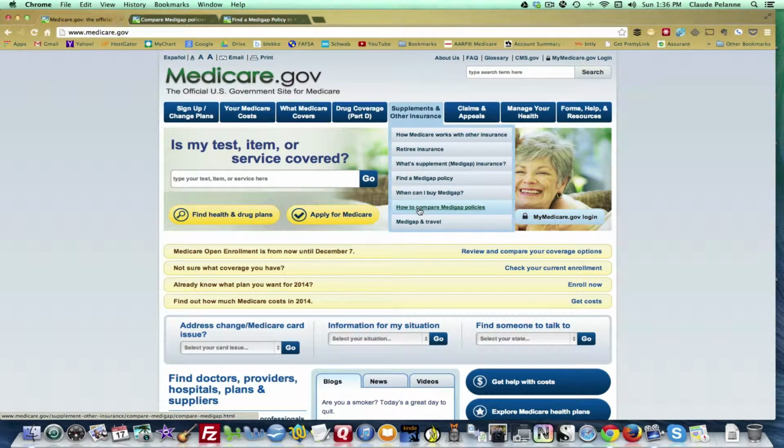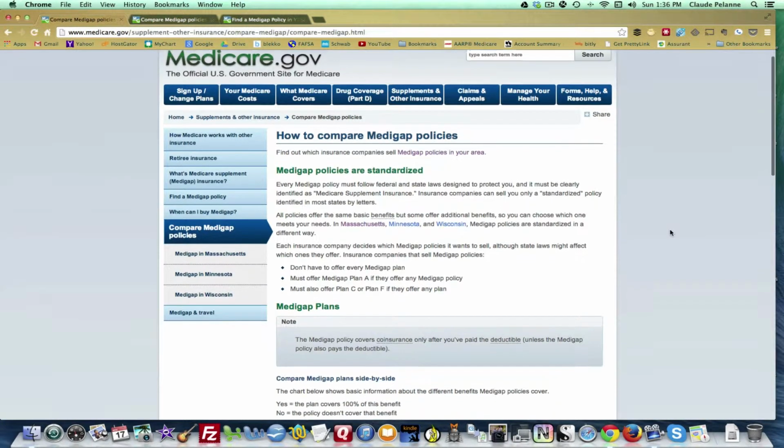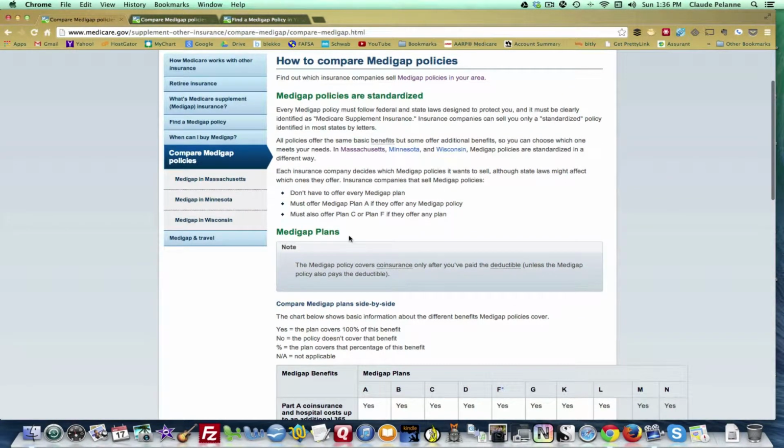So you come up to your Medicare.gov homepage, go to Supplements and Other Insurance, and just come down here to compare Medigap policies. Now, it's going to tell you in the first paragraph that all these plans, an individual plan, A through N, is defined by the set of 10 benefits it has to offer.